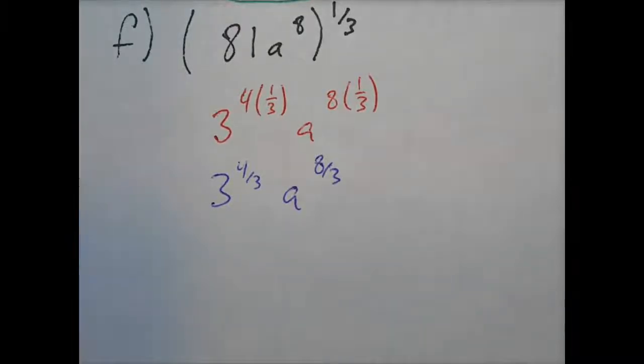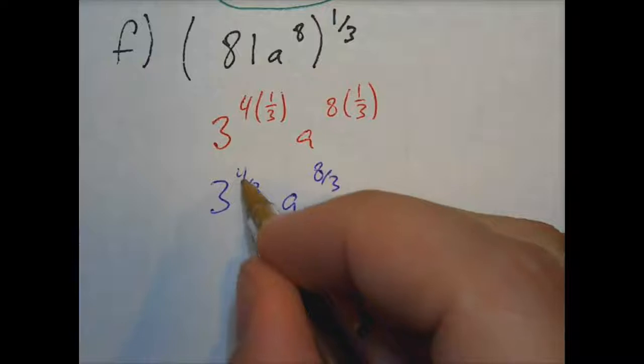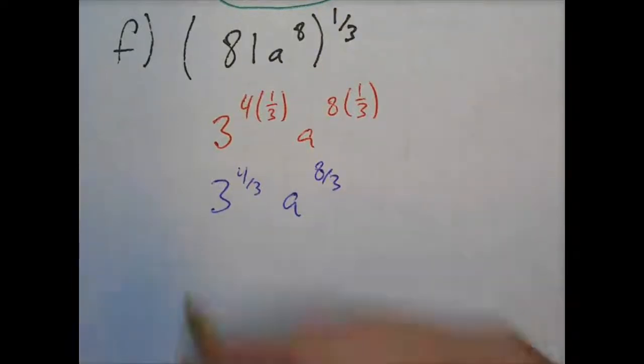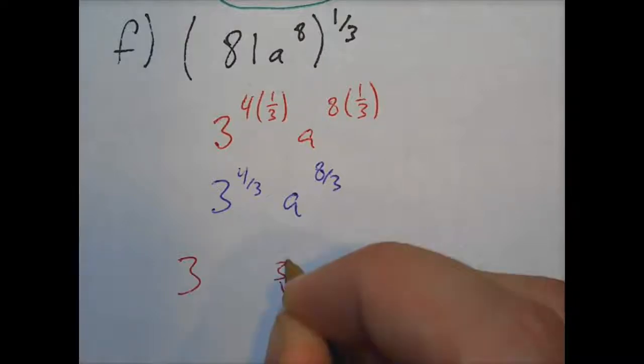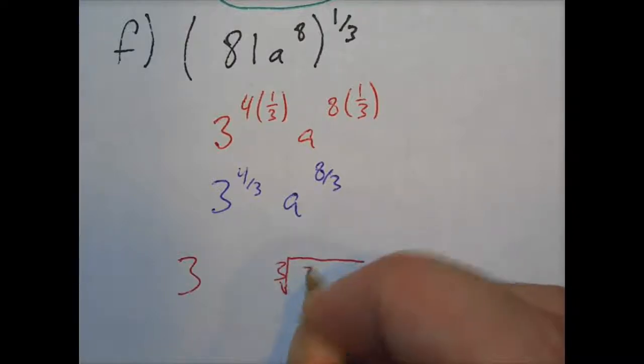Right, and just like we were talking about in our last section, when we have roots of things, we take out however many things we can. So if I have 4 3's and I'm taking out groups of 3, I will have a 3 on the outside. It'll be a cube root because I'm dividing by 3. I will have a 3 on the inside.